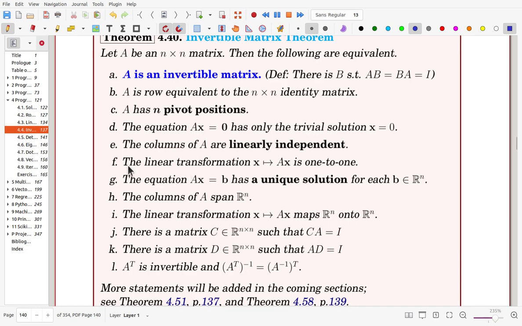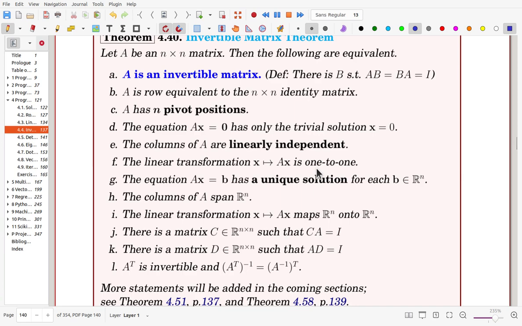And so we collect the earlier findings here. If we consider the matrix multiplication as a linear transformation, then it is one-to-one.